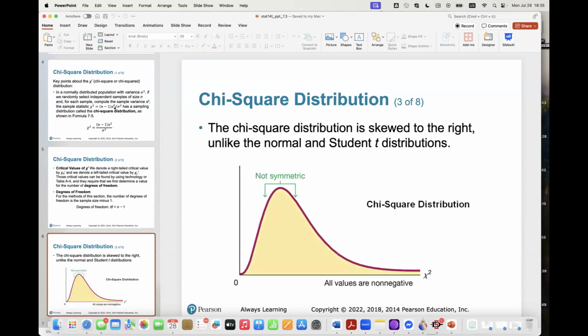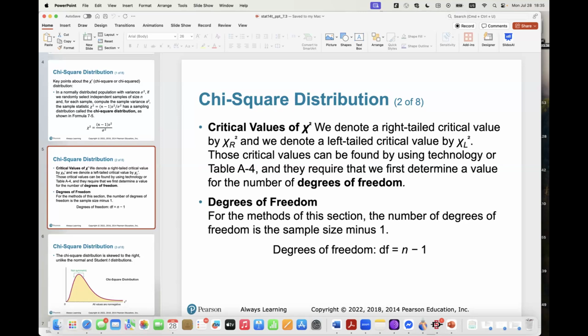For the critical values of chi-square, we denote a right-tailed critical value by chi-square R, where R stands for right-tailed, and we denote the left-tailed critical value by chi-square L. Those critical values can be found using technology or Table A-4, and they require that we first determine the number of degrees of freedom.